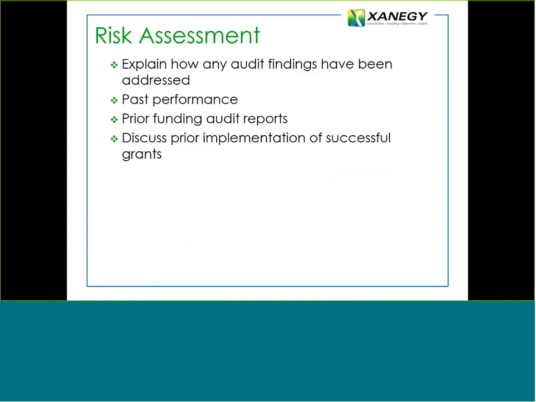We've had great performance in the past. Here are our prior funding audit reports. Here's how we implemented and did a successful grant in the past. You're giving them all of those statistics and the data to show that you can do a good job, so that it shows them that you have limited risk.